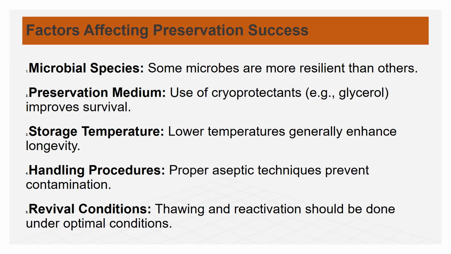There are also some species that no matter how you treat them, they survive. I have one like that, called Bacillus megaterium. Wherever you keep it, when you go back after many years, it will just grow.